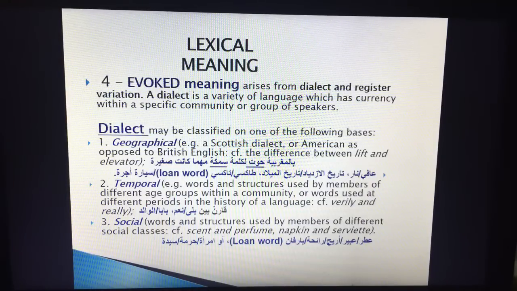Parfum in Arabic is a very French word, but used by those who have high class. They say parfum. But in English, the word perfume is a very normal word. The scent is a very high class word. And then also the words imra'a, hurma, and sayyida are used because of a social element relating to them. Of course, the word sayyida is married and anisa is not married.